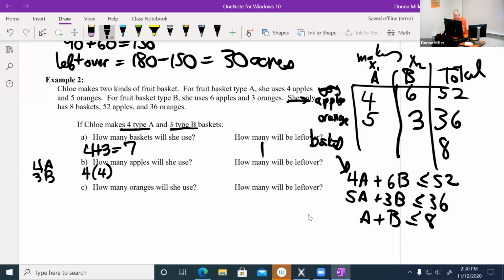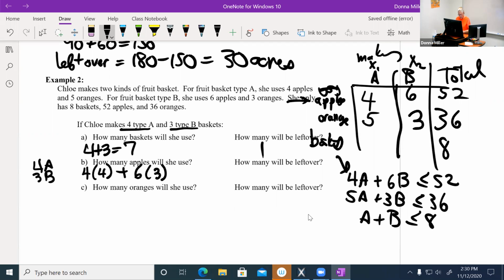I'm just plugging it in here. Plus 6 times B, which is 3, all right? That would be the number of apples that I use, right? Did I do something wrong? No, I'm fine. 3 baskets, right? I got it, okay. So I'm going to add this together.